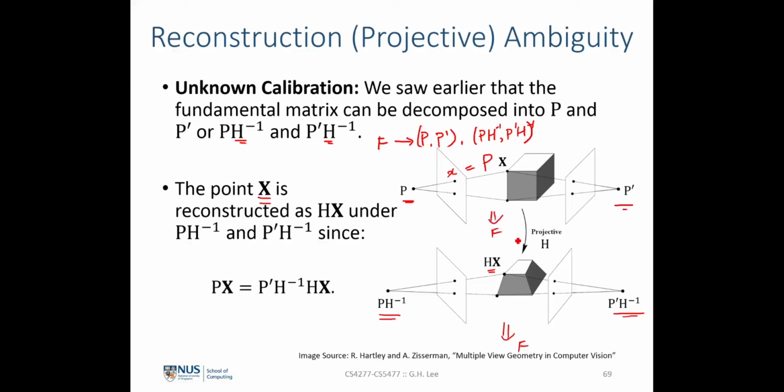So this means that this pair is also a valid decomposition of the fundamental matrix.